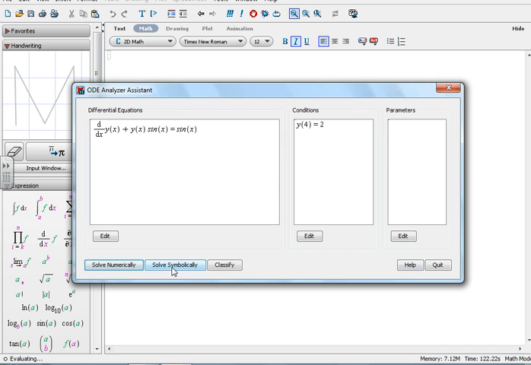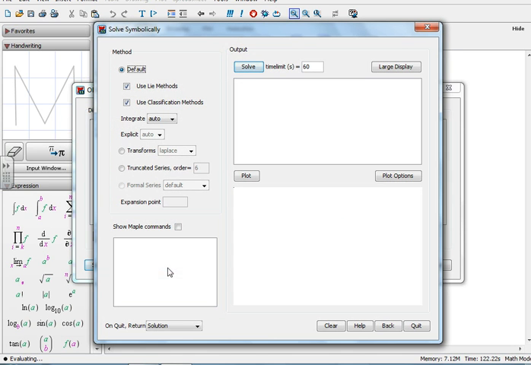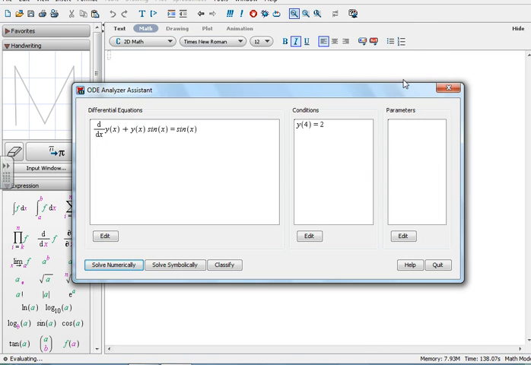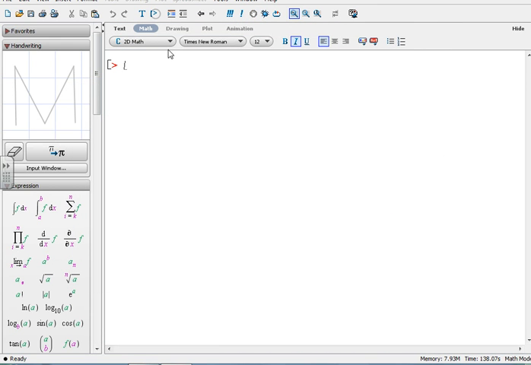All right, then we're going to solve it. But what we're going to do is show the commands. All right, and then we're going to take these commands and copy them, and then paste them up here in Maple. Then we're going to say pi, and we're going to change this. So it's supposed to be equal to 3.